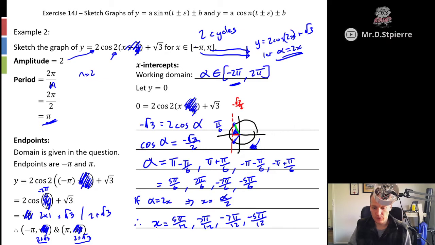Now, written in order from the earliest to the latest for our domain, we would have x is equal to negative 7 pi on 12 first, negative 5 pi on 12, 5 pi on 12, 7 pi on 12. That's the order.